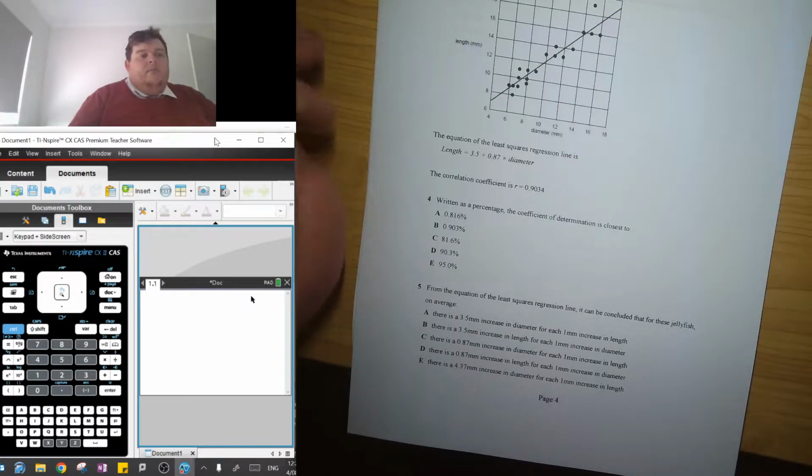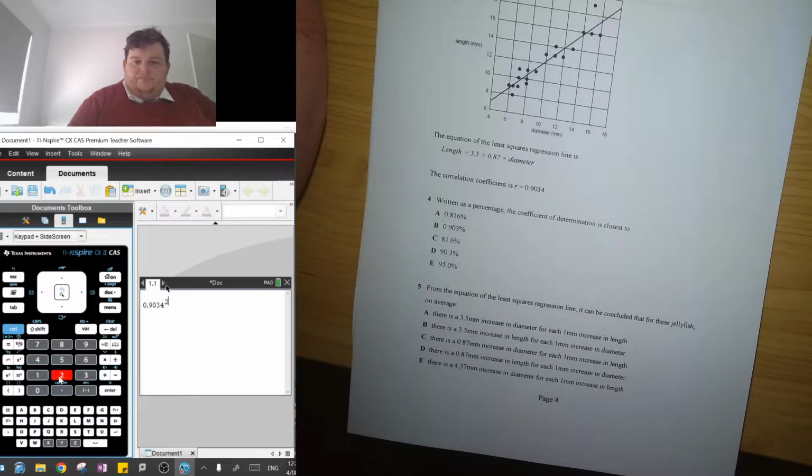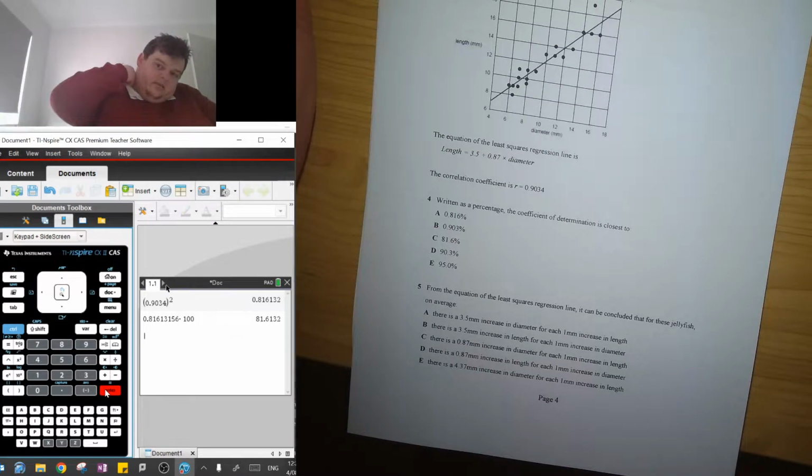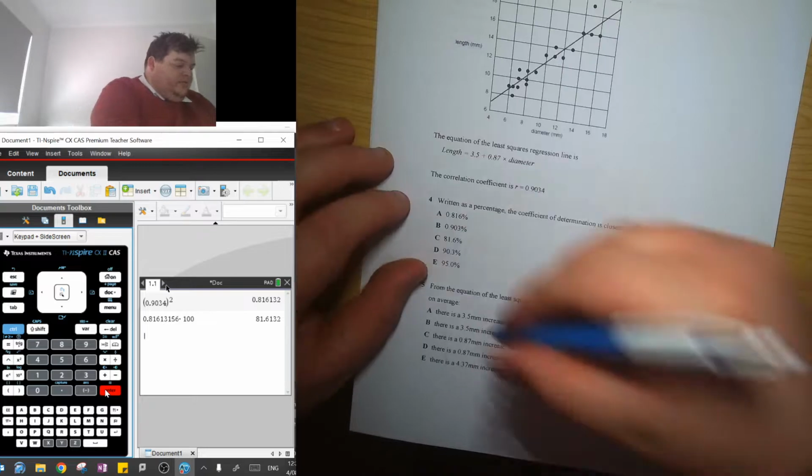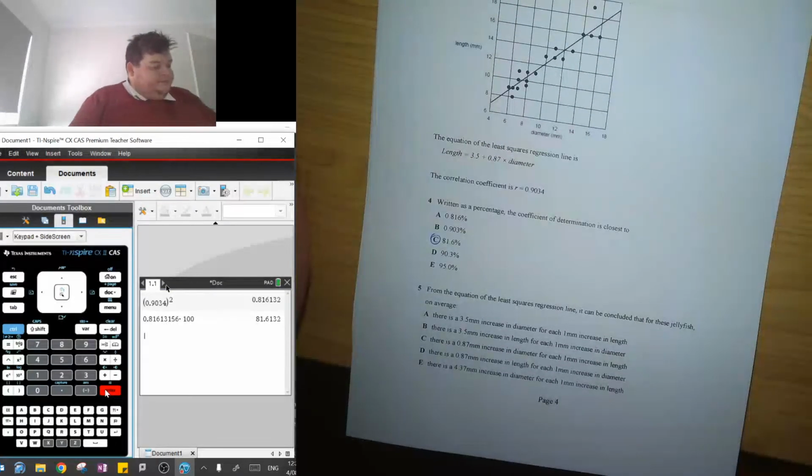Now, the correlation coefficient is R. The coefficient of determination is R squared, meaning that we just need to do 0.9034 to the power of 2, and that should give us our coefficient of determination. Written as a percentage means we have to multiply by 100 to take it from decimal to percentage, meaning 81.6% is what we're looking for, which is C.